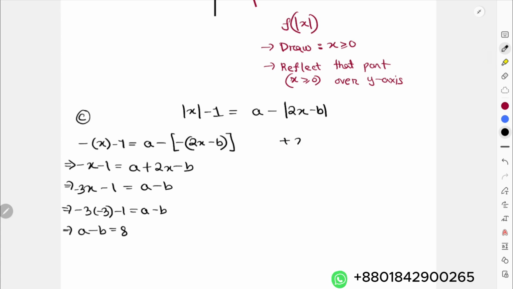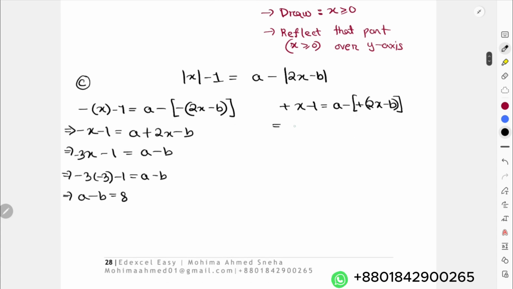Then after that, positive x minus 1, and then again minus, plus 2x minus b, and then again after this you get x minus 1, and a plus minus is going to be negative 2x, minus minus is going to be plus b, and then again x minus 1 and plus 2x and a plus b. So you get 3x minus 1, a plus b.